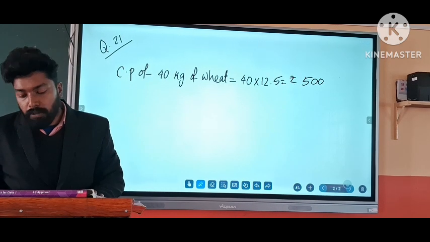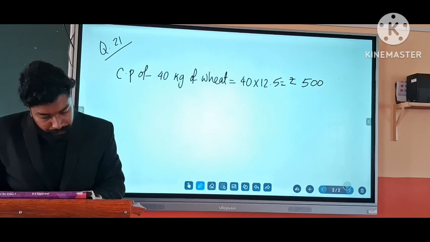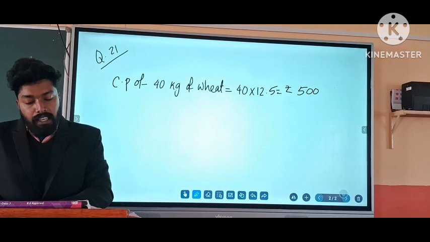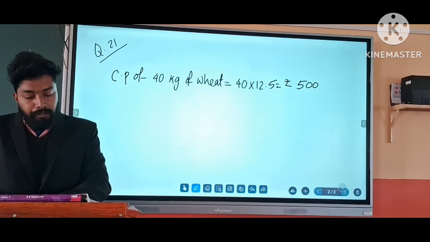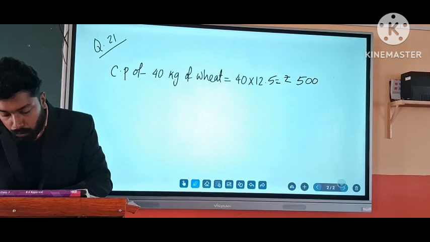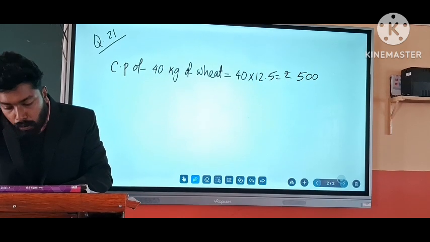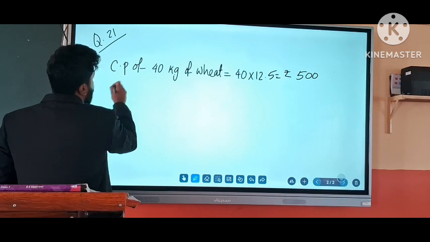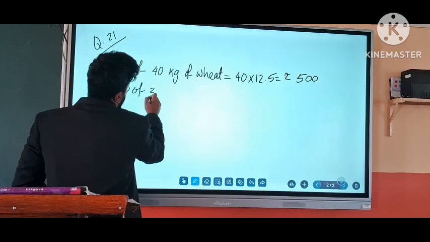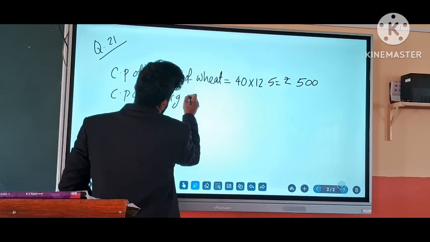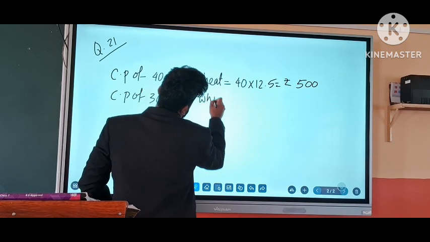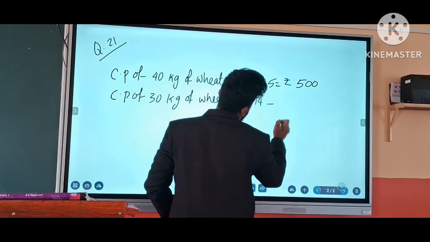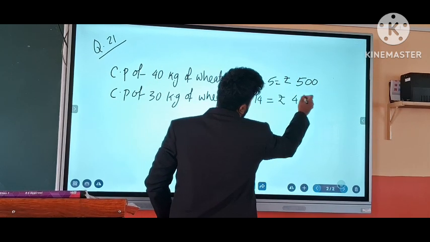Now we want to find the cost price of 30 kg of wheat, and he purchased that 30 kg of wheat at 14 per kg. So the cost price of 30 kg of wheat is equal to 30 into 14, that is equal to rupees 420.